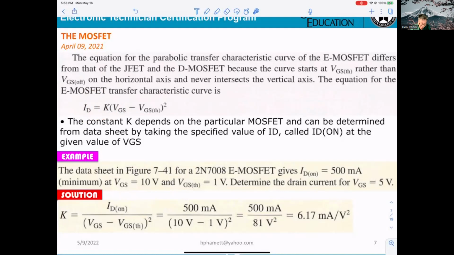K equals ID(on) divided by (VGS minus VGS(th)) squared.